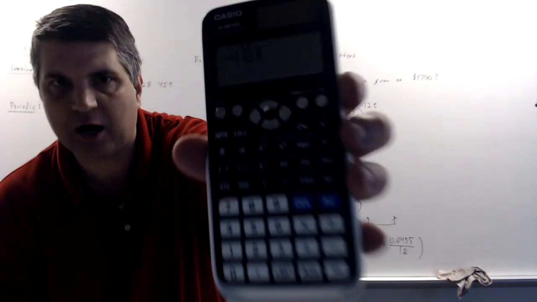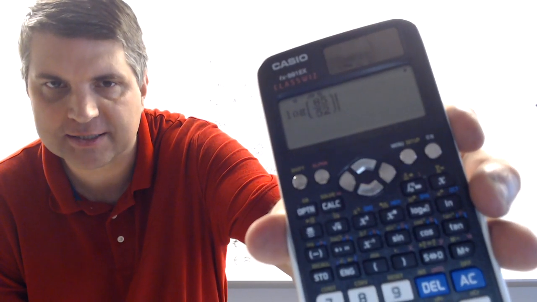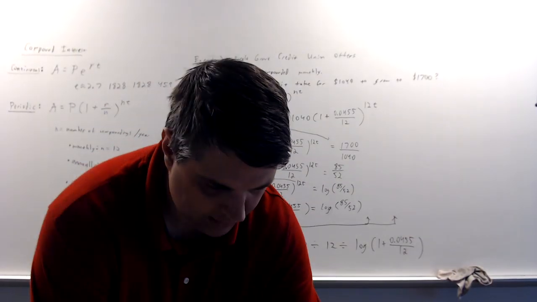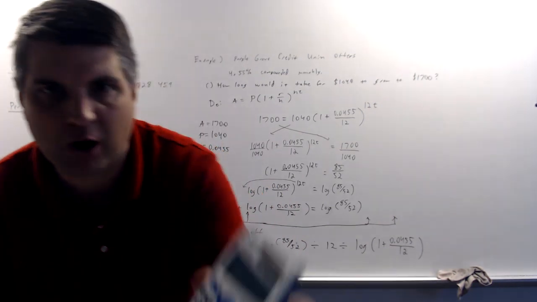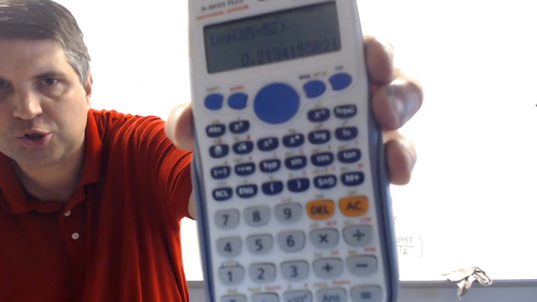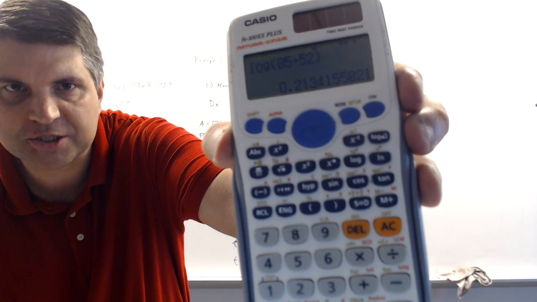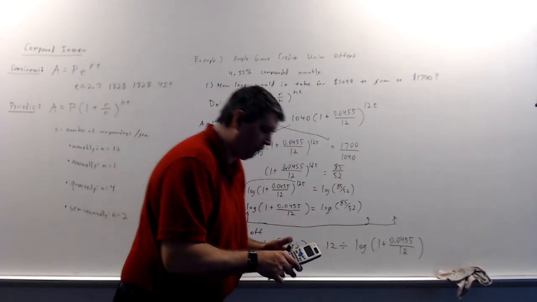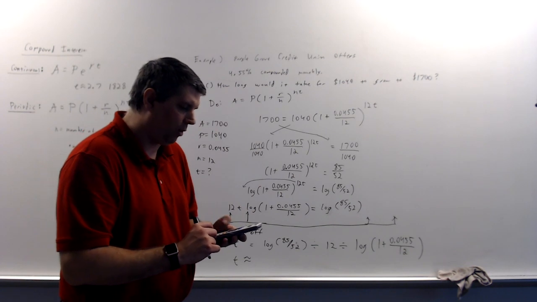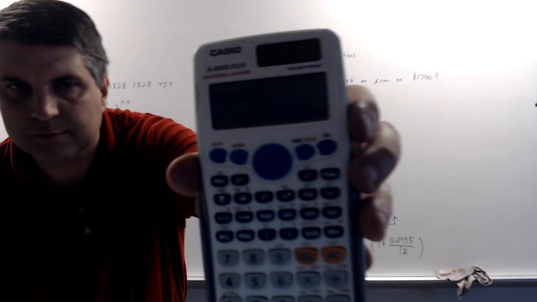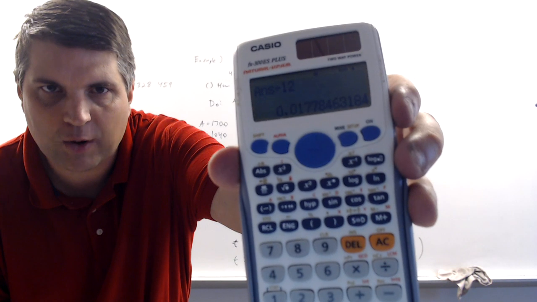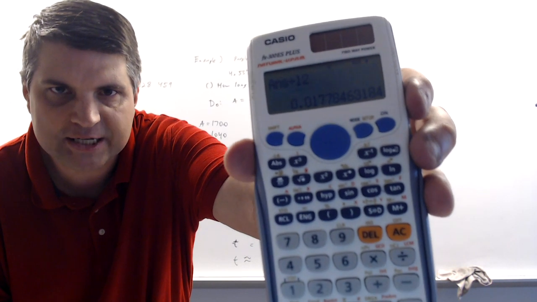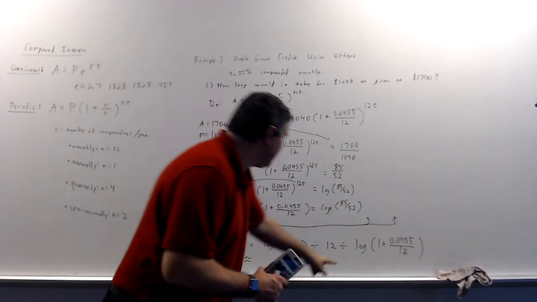But make sure it's balanced with a pair of parentheses. Hit enter or equal for just that part, and I got 0.2134 something. With that number still in your calculator, divide by 12. Hit enter or equal. Now I'm looking at 0.01778463, blah, blah, blah.